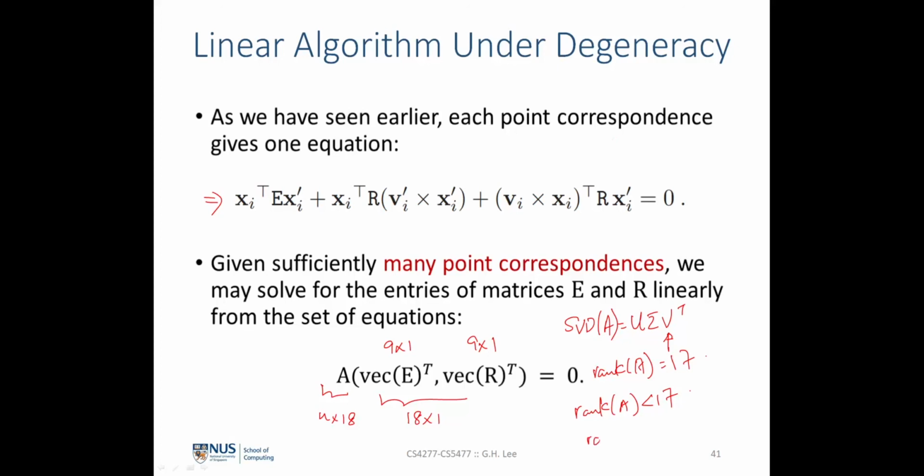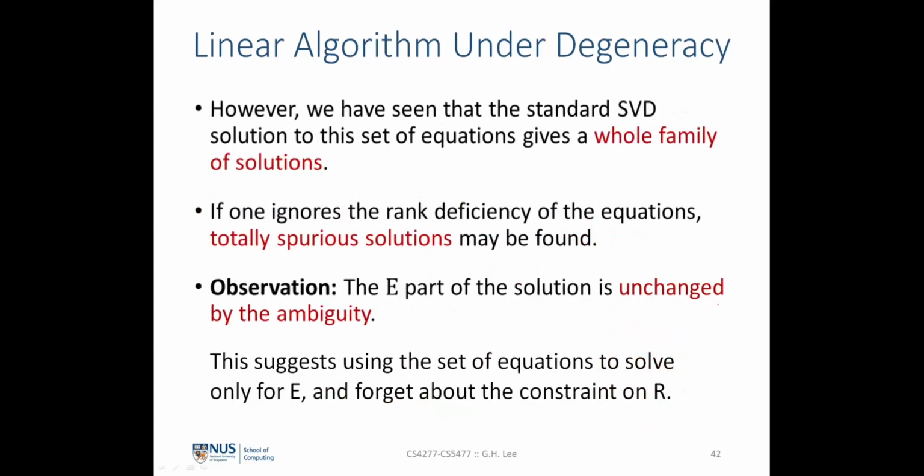For example, if the rank of A equals 16, then what it means is that we would have to take the last two columns of V here to be the solution. And the solution of this 18 by 1 vector over here would be parameterized by V1 plus gamma V2, for example, where V1 and V2 correspond to the last two columns of the right orthogonal matrix from the SVD of the matrix A.